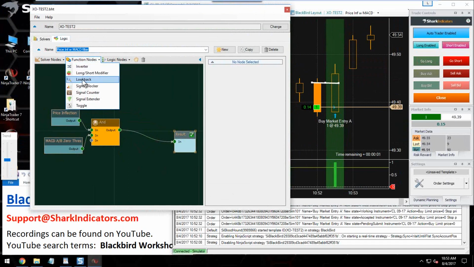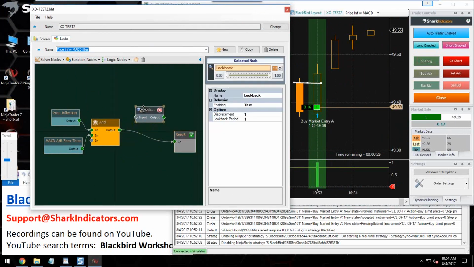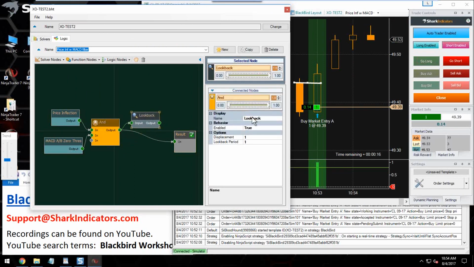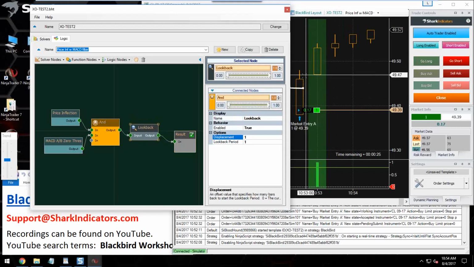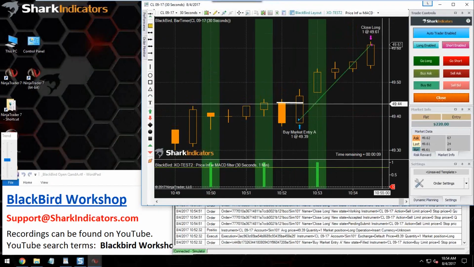So I want to wait for the bar to close. The way I can do that is to use this look back node. Using this look back node with a displacement of 1, with calculate on bar close equaling false, effectively waits for the bar to actually close and then the signal's given.